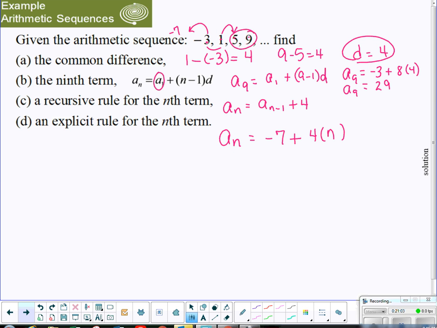So if I want my a sub 7 term, I could say a sub 7 is equal to -7 plus 4 times 7, and that would give me 28 plus -7. It would appear that should be 21. And indeed, I think if you keep counting up, you'll land there.